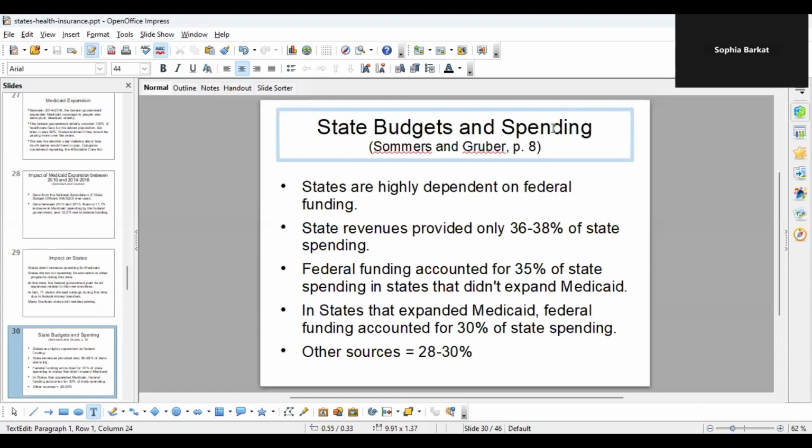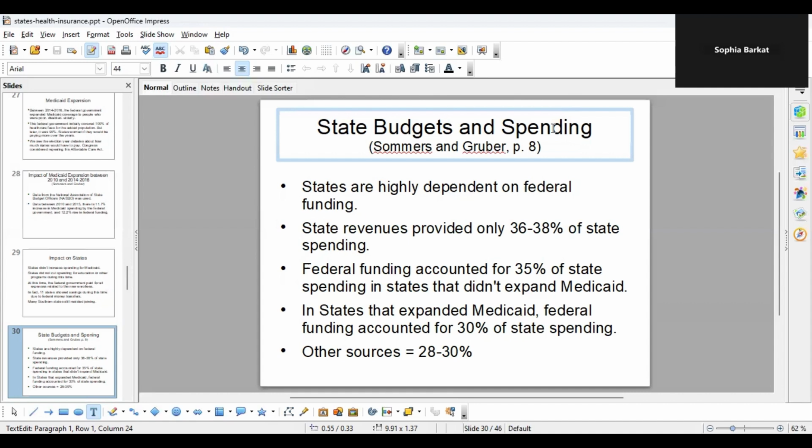State revenues meaning taxes, tolls, licensing fees, any kind of business venture the state was involved in, any investments it had, all these earned incomes only accounted for 36 to 38% of state spending in the US.